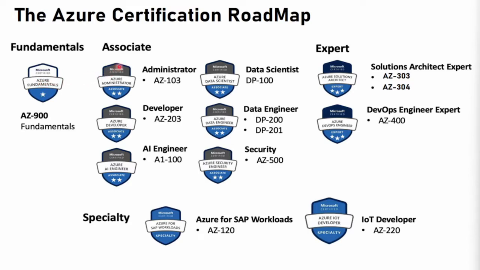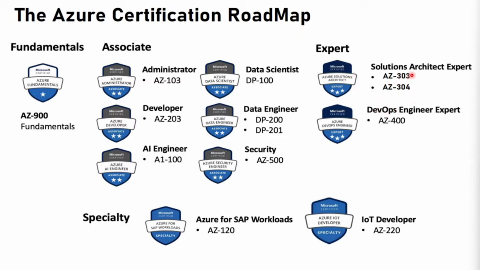Once you take the fundamental course, you could go to the associate level, which has a lot of two-star courses that you could take. There's approximately 6 of them, depending on what area you want to focus on. So you could take one of these courses after you take the fundamental. Now, the fundamental is not a prerequisite for any of these courses, but all the associate level courses can be a prerequisite for the expert level courses.